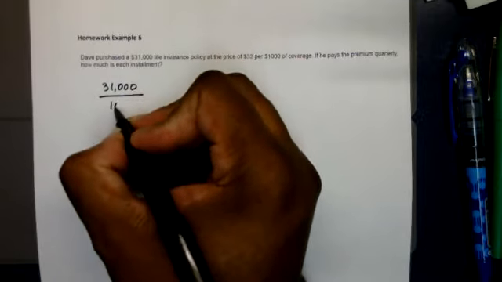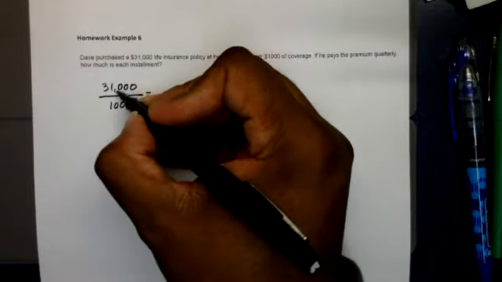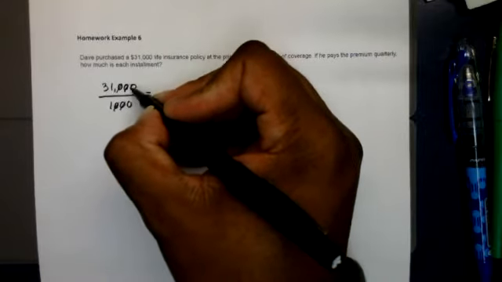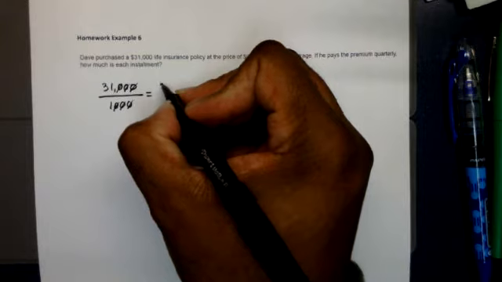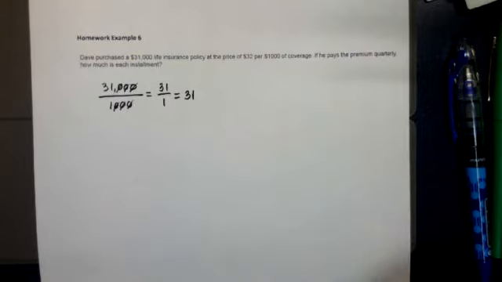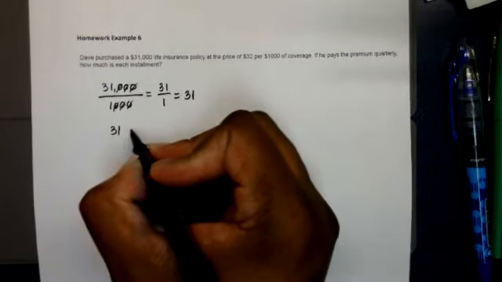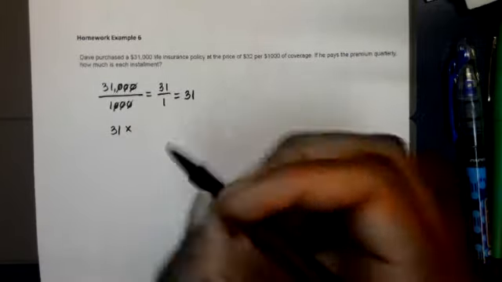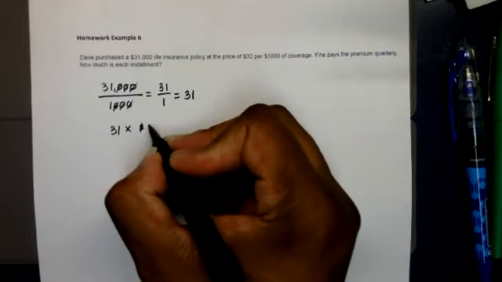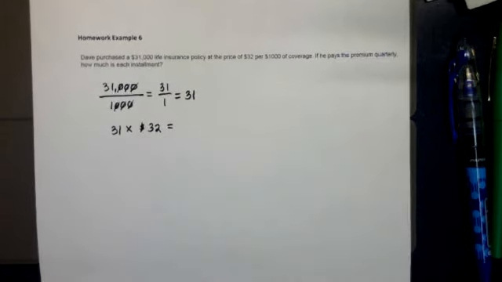Let's divide 31,000 by 1,000. This can be done mentally by crossing out zeros in the numerator and the denominator. You'll be left with 31 over 1, which is just 31. So that's like 31 units at a price of $32 for each $1,000 of coverage.